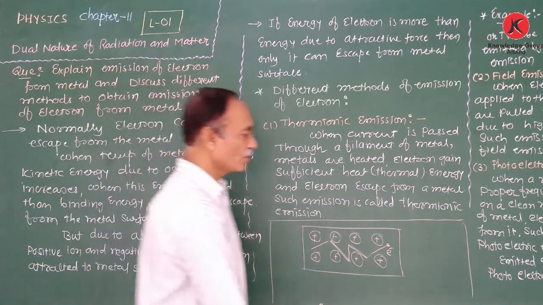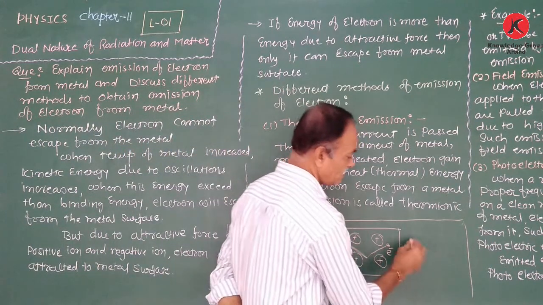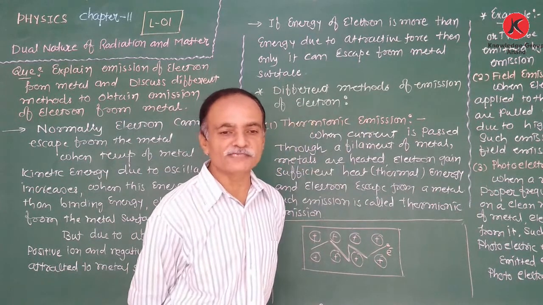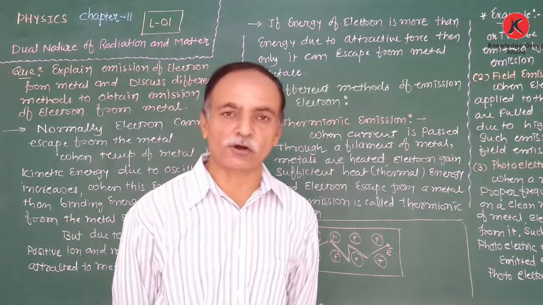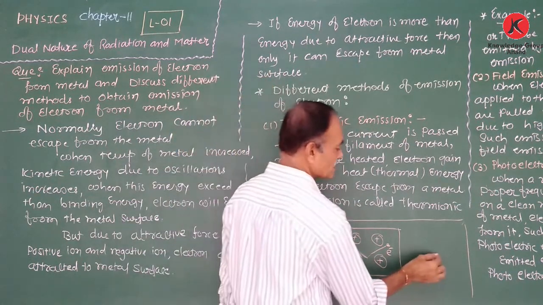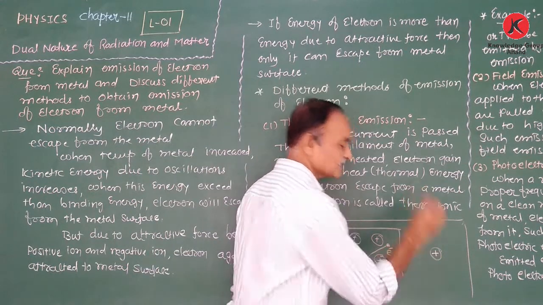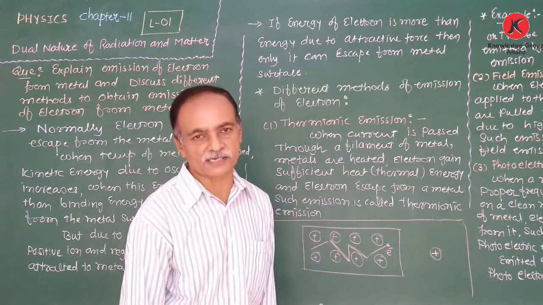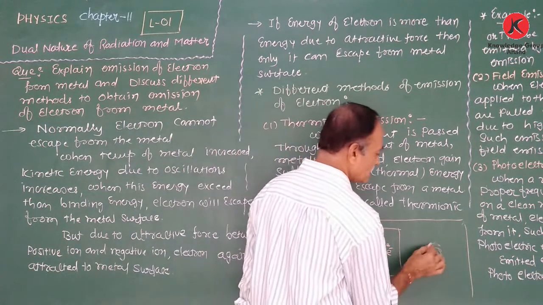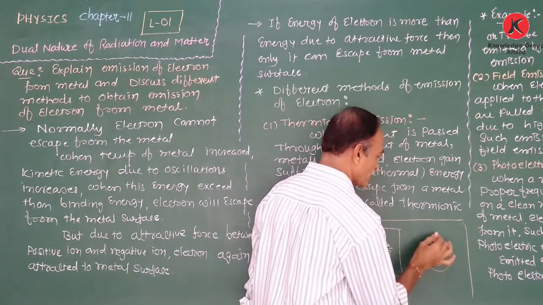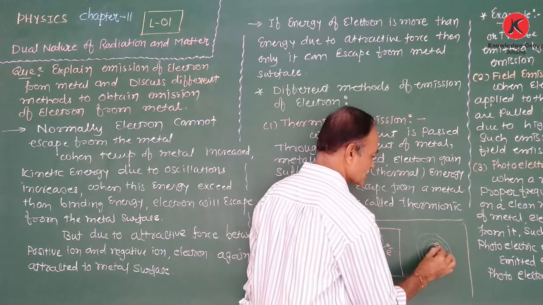And also we know in chemistry, any metal or any object is made up of numbers of atoms. In atoms, the small central region is known as the nucleus. In the nucleus, the positive charges are present, while the electrons revolve in circular orbits around the nucleus.